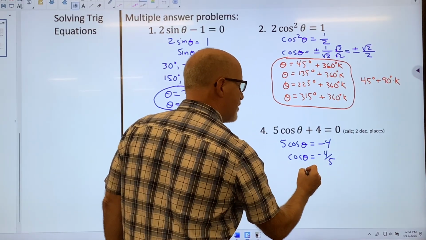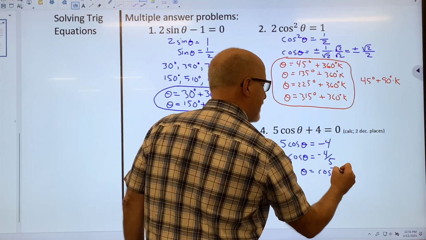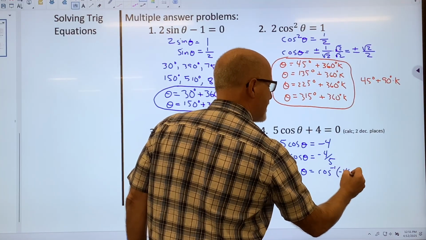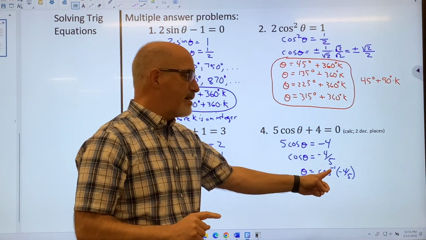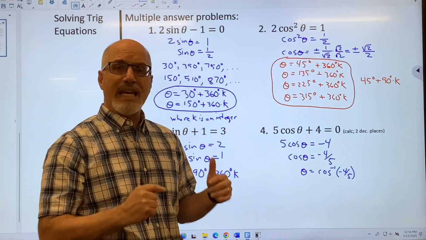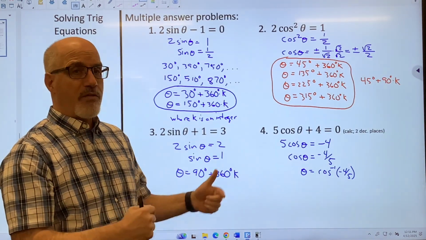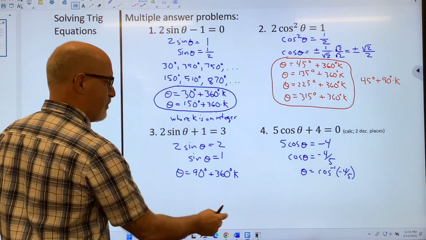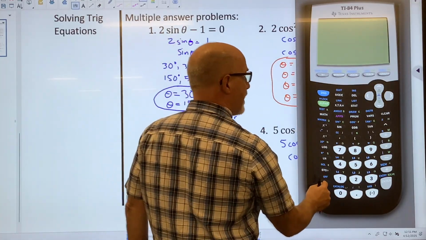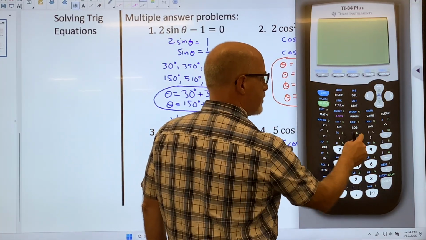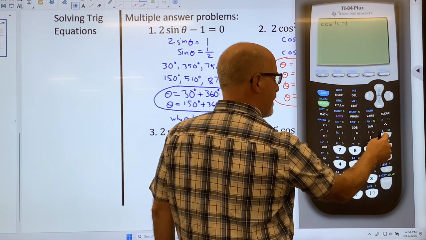And now what I'm going to do is take the inverse cosine of negative 4/5 to get a value. Remember, this is a function, so you'll only get one value out of it, but then I'll use that with my reference angles to come up with more. So let's go to our calculator now. We're going to do the inverse cosine of negative 4 divided by 5.